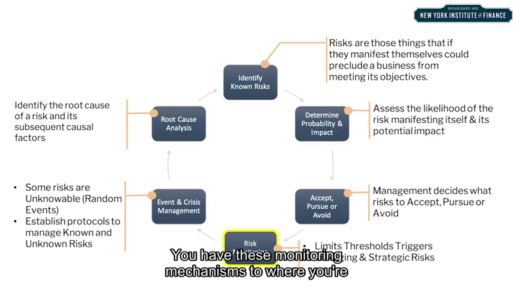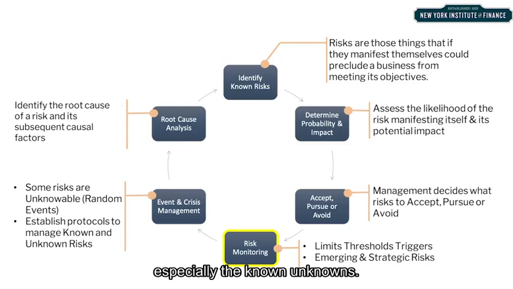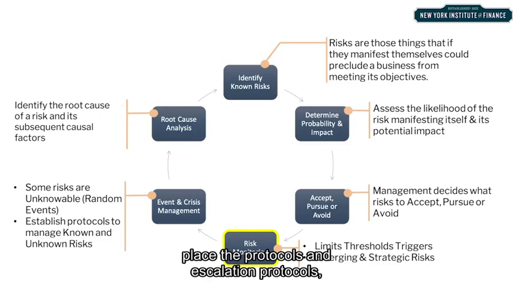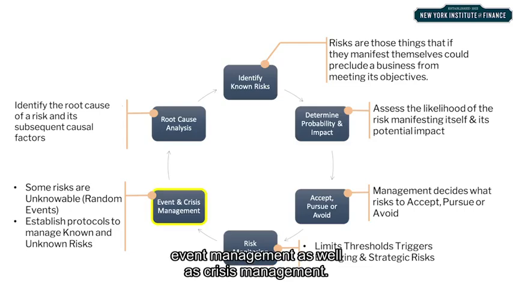You have these monitoring mechanisms where you're constantly evaluating the known knowns, especially the known unknowns, but you also have to have in place the escalation protocols, especially so you can actually manage completely random events. And that goes into event management as well as crisis management.